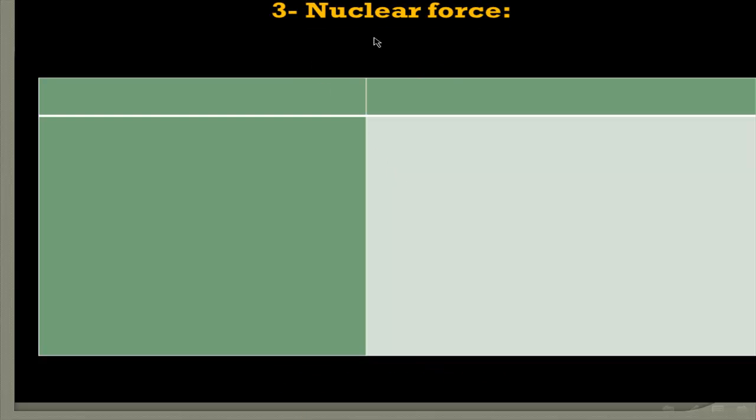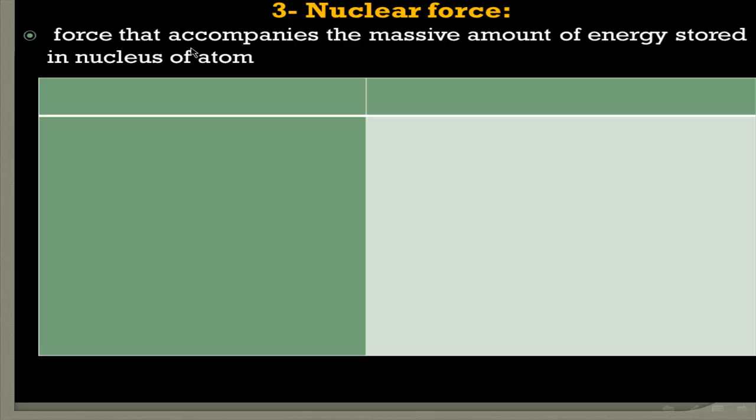Okay. The third type of fundamental forces in nature is nuclear force. Nuclear force is the force that accompanies the massive amount of energy stored in the nucleus of the atom.